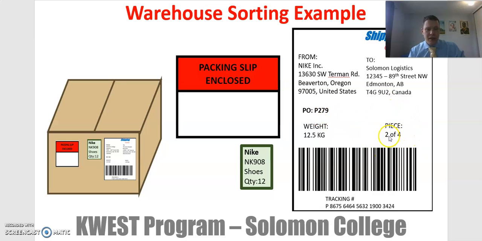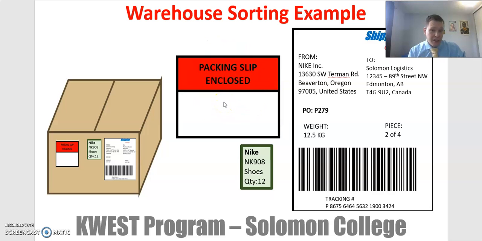In this case, it says this is the second carton or case out of a total of 4. So that's the shipping label. The other item that you may look at is a packing slip. So you want to ensure that if you have 4 cases out of that total case count of 4, at least one of those cases has the packing slip.